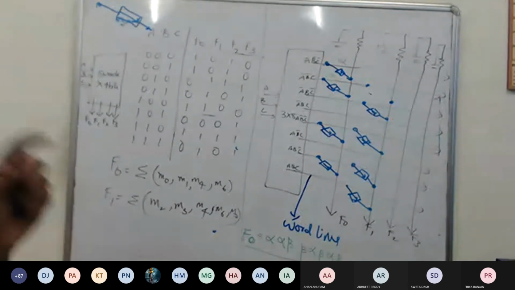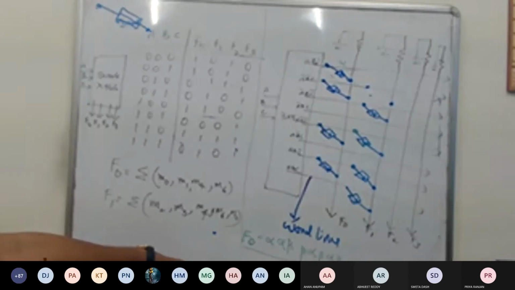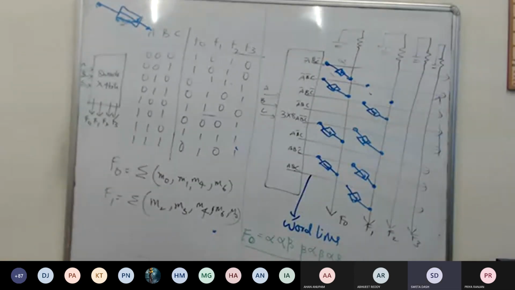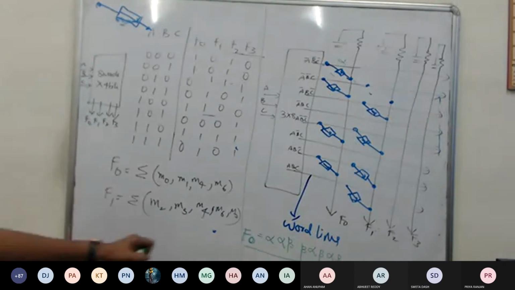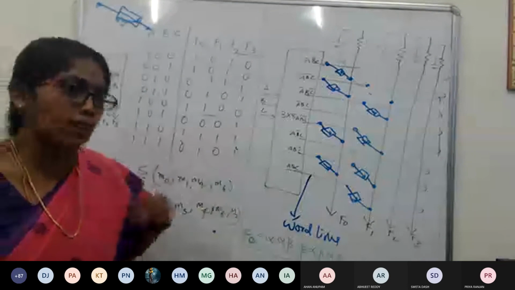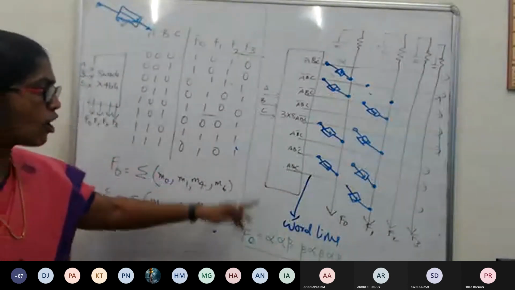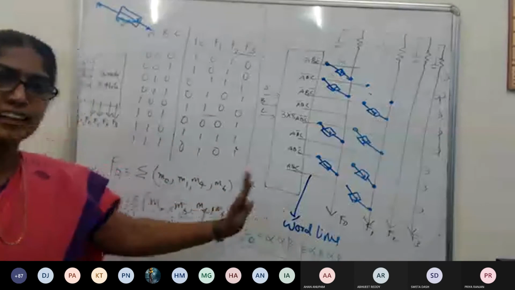Switch connected is alpha. Switch not connected means beta for me. Is that correct? Okay. Connection means I am telling that for myself it is alpha and not connected is beta. Right. So F naught is having this pattern inside.